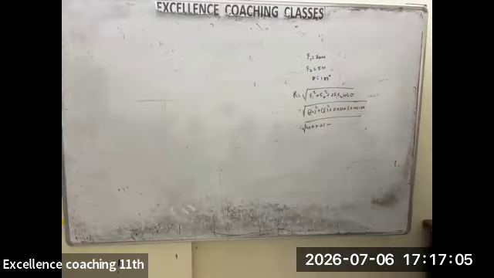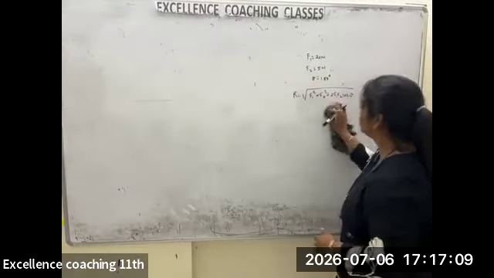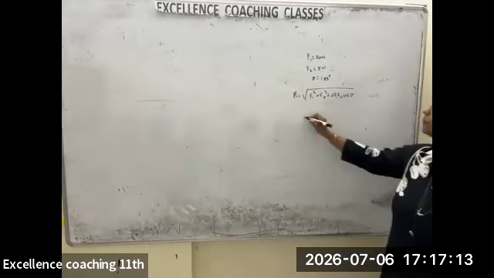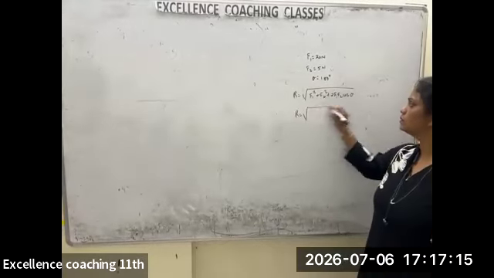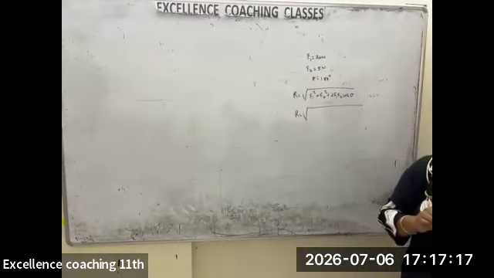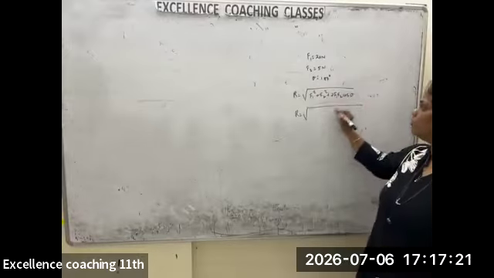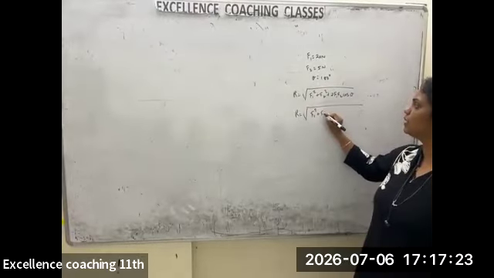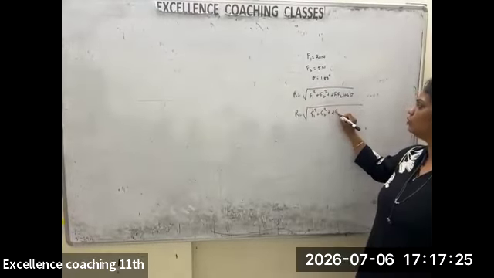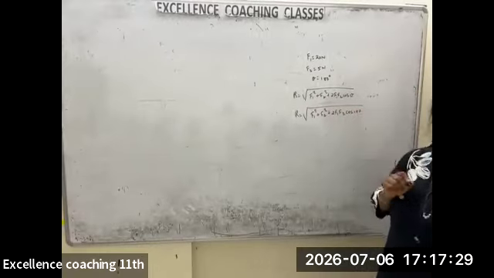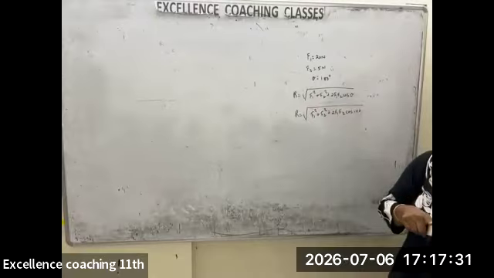You can do one thing here. Instead of doing this, there is a simple way. Solve only for theta first, that will minimize your work. First, F1 square plus F2 square plus 2 F1 F2 cos 180. What is cos 180? Minus 1.